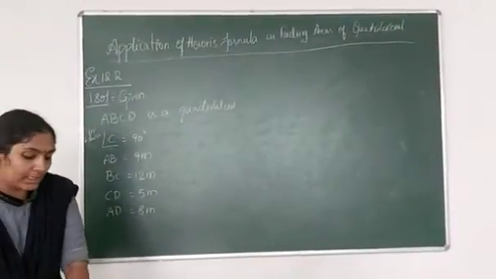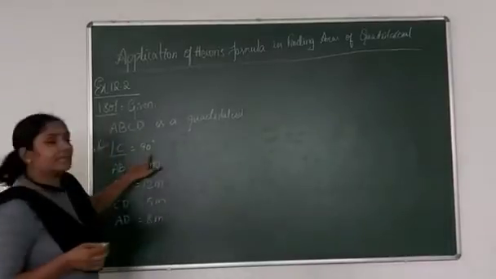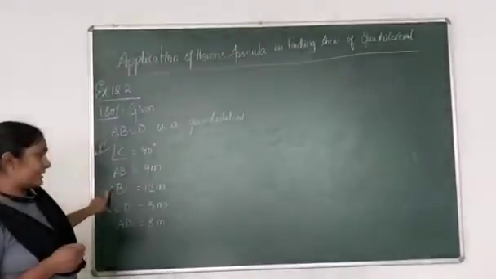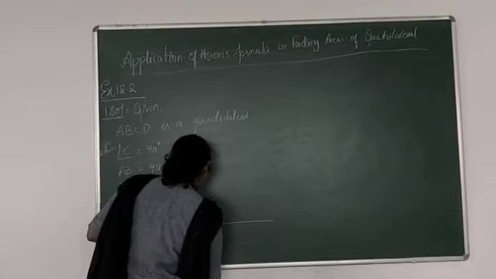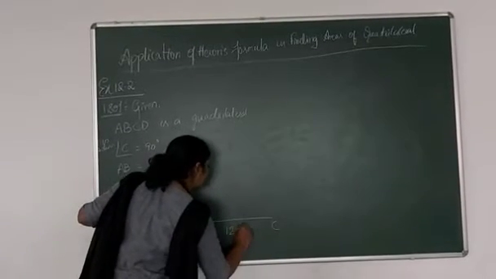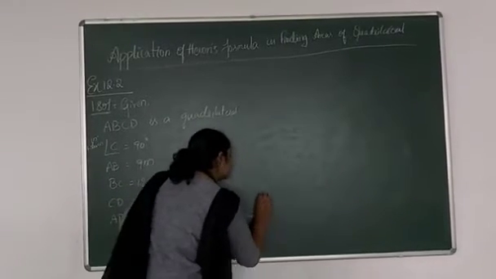Right? Now I try to draw the diagram. I am given angle C is equal to 90 degrees, so I will take these two line segments, any one of them, as my base. So I am taking BC. How much is BC? It is 12 meters, and the angle at C is 90 degrees.